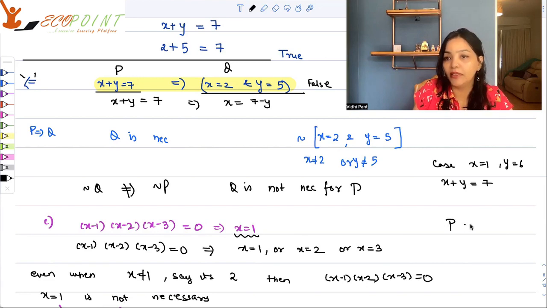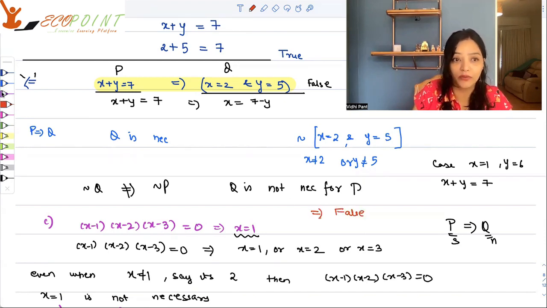You'd remember, P implies Q: Q is necessary, P is sufficient. I just proved that Q is not necessary. That means this is not an implication which is true. So clearly this way it is false.